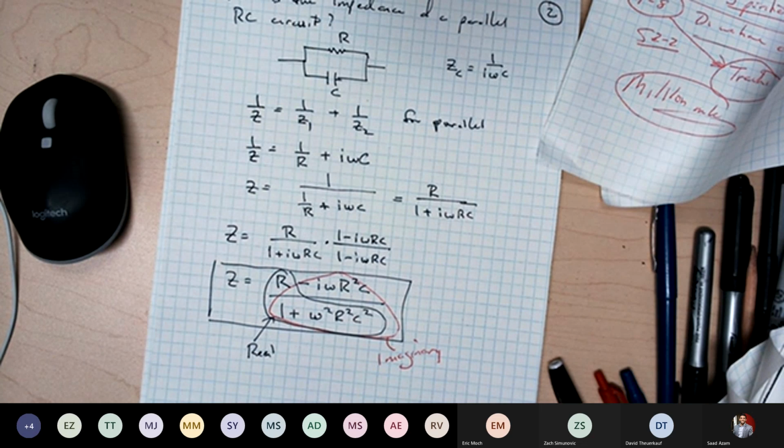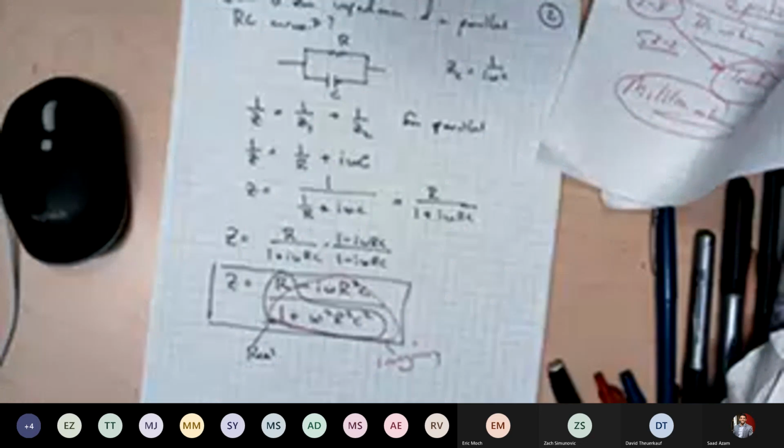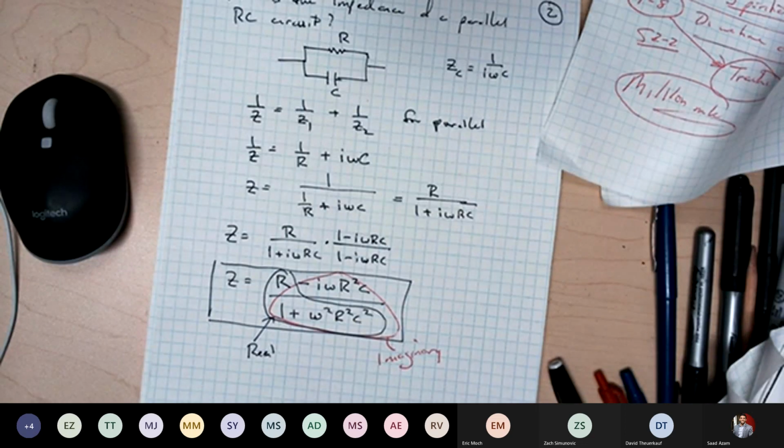But if you have a capacitor, there's a phase shift between the voltage stimulus and the current response, and it's 90 degrees. So when the voltage is a maximum, the current is no longer a maximum. It's 0.